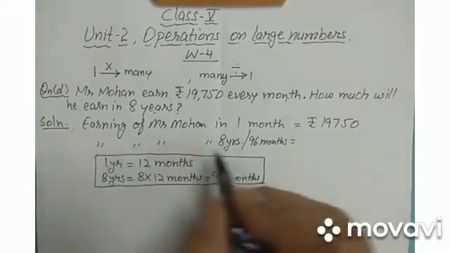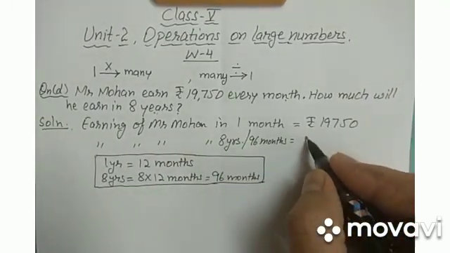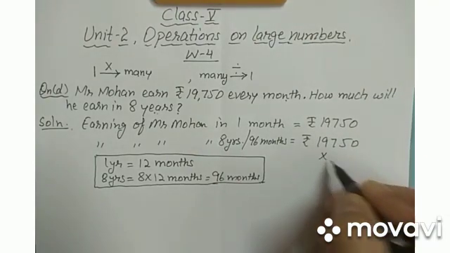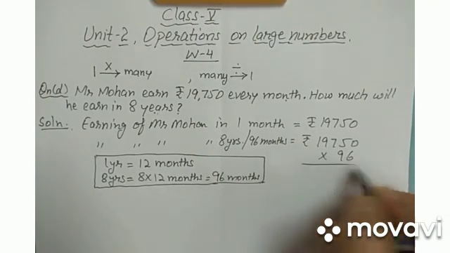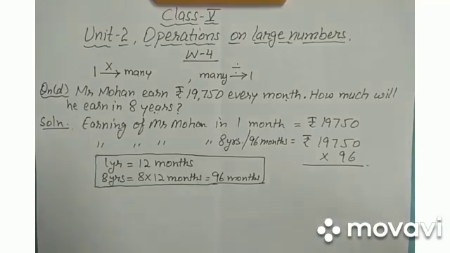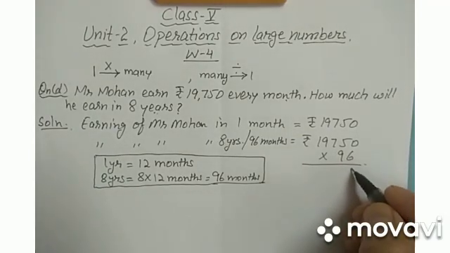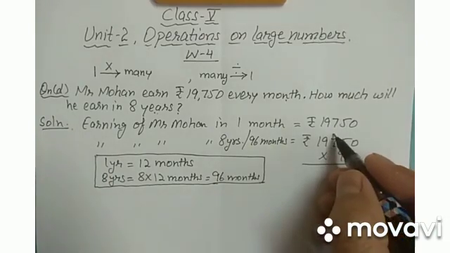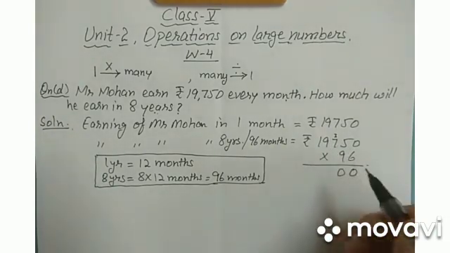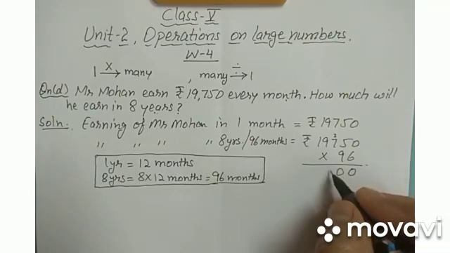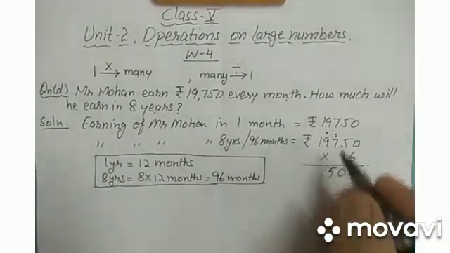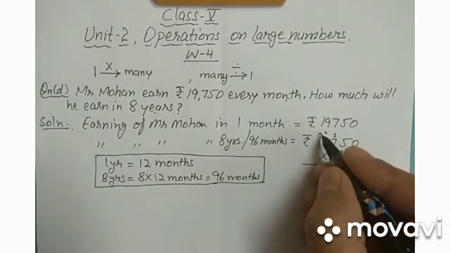So the earning of Mr. Mohan in 96 months is rupees 19,750 multiplied by 96 months. So multiply it. 6 zeros are 0, 6 fives are 30, 3 carry over, 6 sevens are 42, plus 3 is 45, 4 carry over, 6 nines are 54, plus 4 is 58.